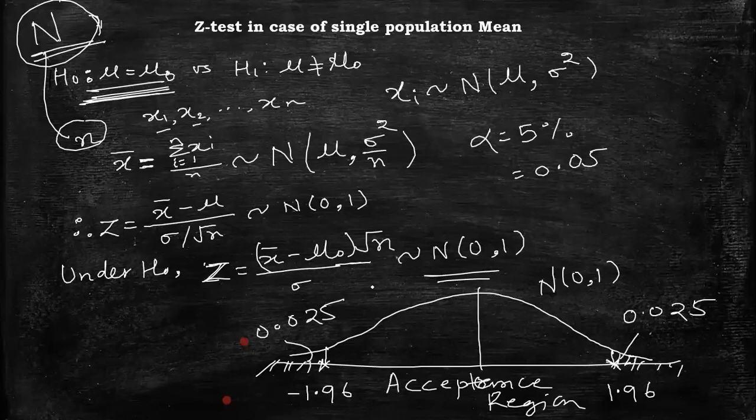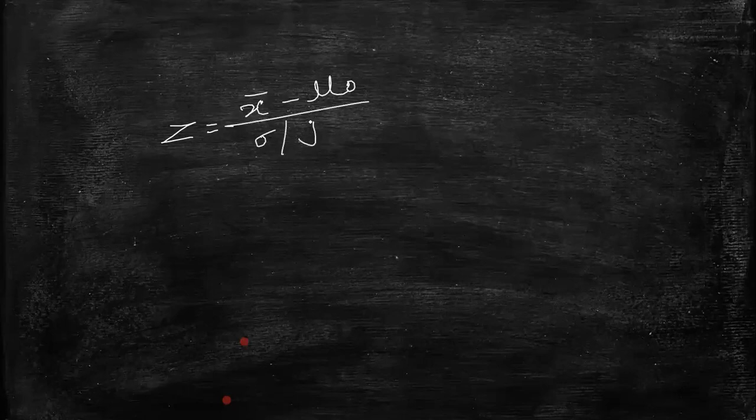We are going to favor the alternative hypothesis H1. This is called the testing procedure. Remember the formula in your exam maybe. Here, for a single population, the formula for Z will be x bar minus mu naught upon sigma upon root n. So this follows normal 0, 1.